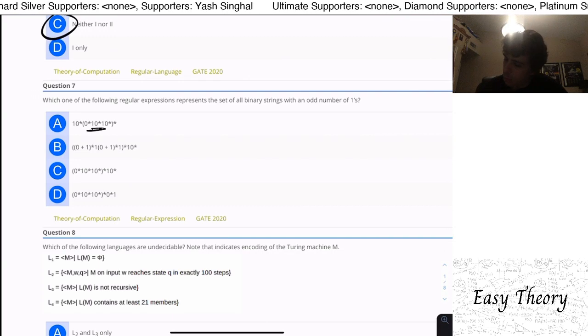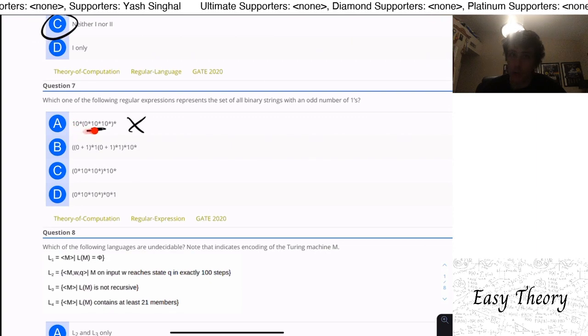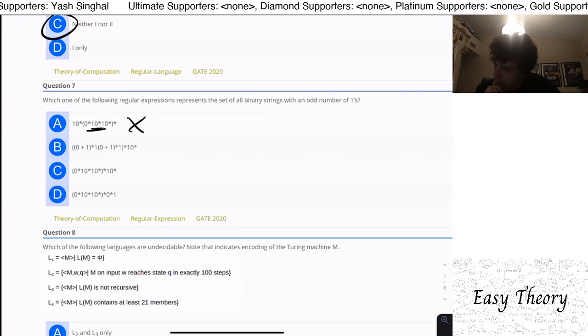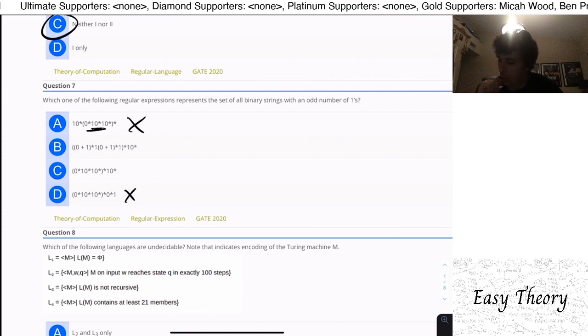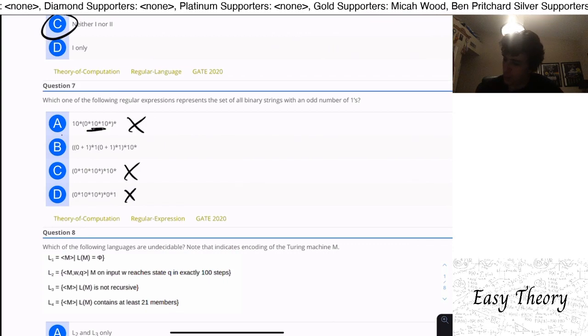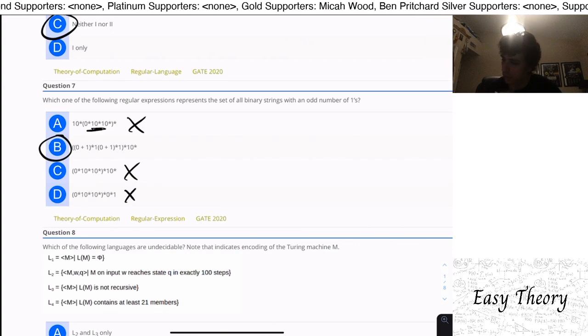Well, this one won't work, because you can never have two ones next to each other in this one. Let's look at the last one. Same idea. That one can't have two ones next to each other. Same thing with this one. You can't have two ones next to each other. So B is the answer then for that one.